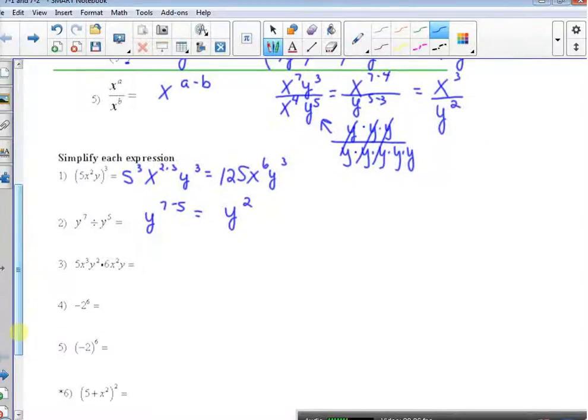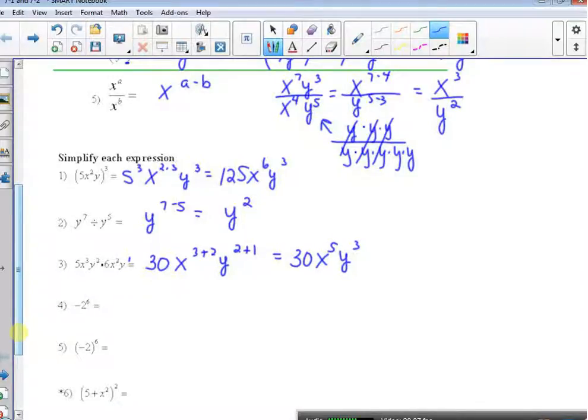Number 3 is multiplication, so I'm going to multiply 5 and 6, and then I'm going to add exponents. So x to the 3 plus 2 and y to the 2 plus 1. If there is none written, you assume it's 1. So we get 30x to the 5th, y to the 3rd.